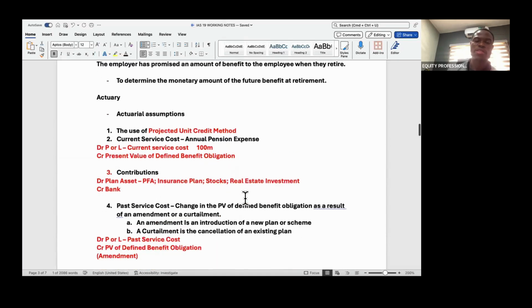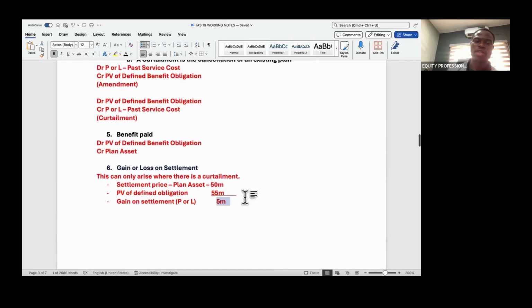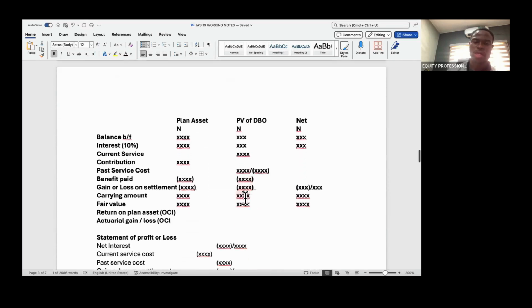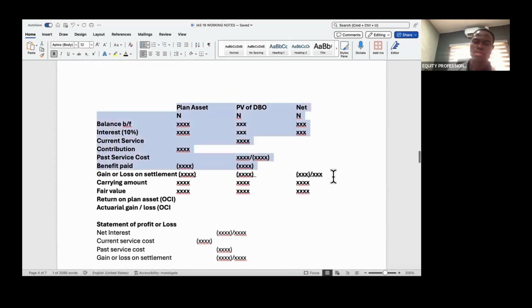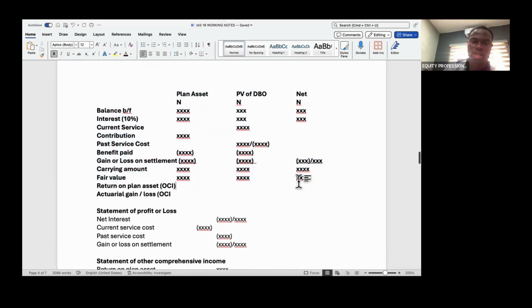So these were the items you'll find in the actuarial report. And I gave you this schedule last week also. That is extremely important. You will always do it in the exams. It has plan assets, PV of DBO, and the nets. We'll give you the opening figures.